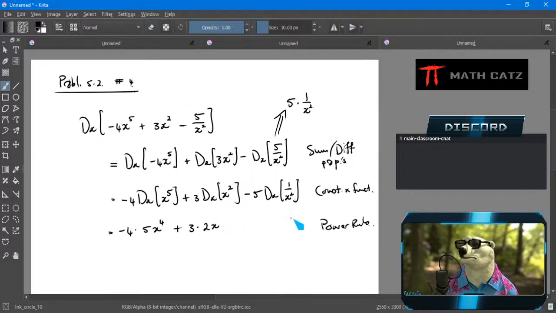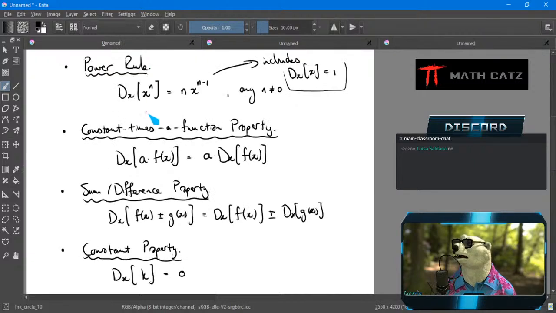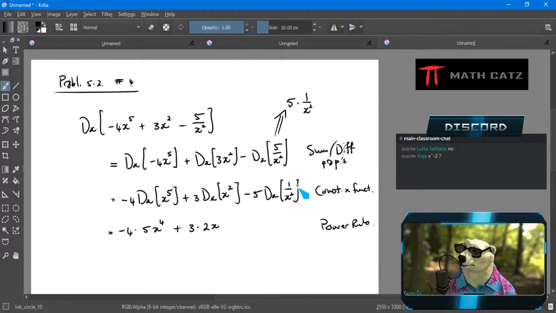Is that last term ready for the power rule? Not really, no. It doesn't look like the power rule wants it to look. But there's no other property, so I might want to, let's maybe draw some arrows there.